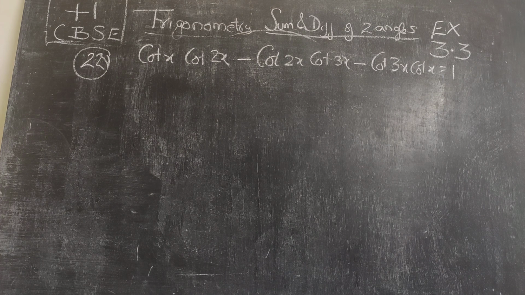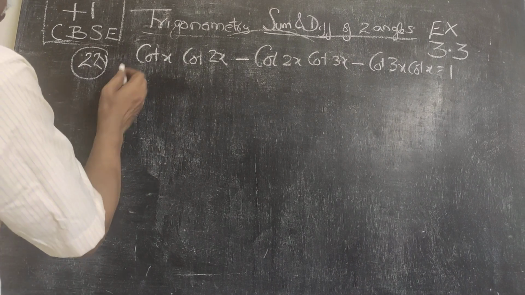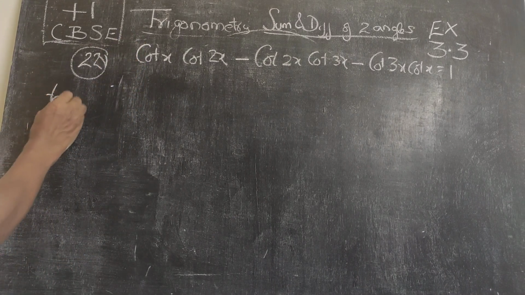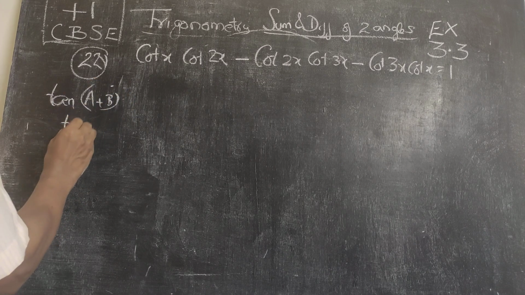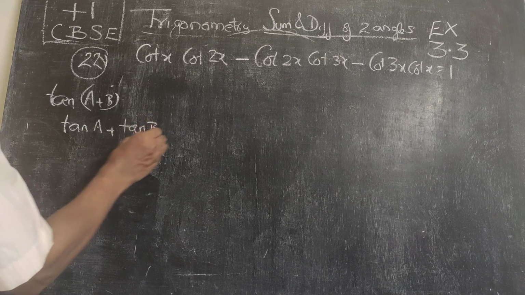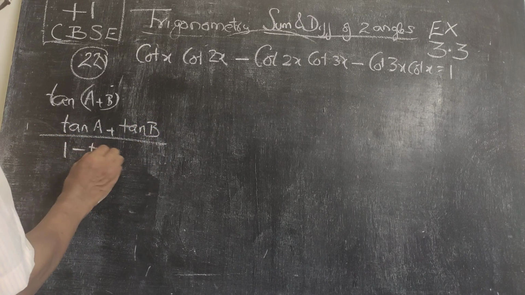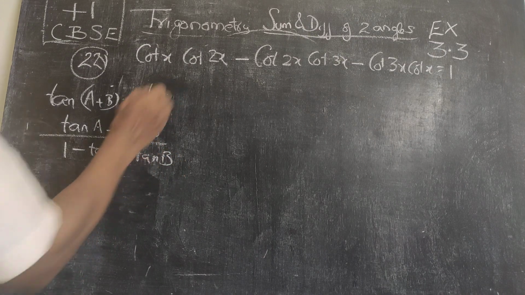What I am doing is, I know tan of (a plus b) is tan a plus tan b divided by 1 minus tan a tan b. We know this very well. I am going to use that.